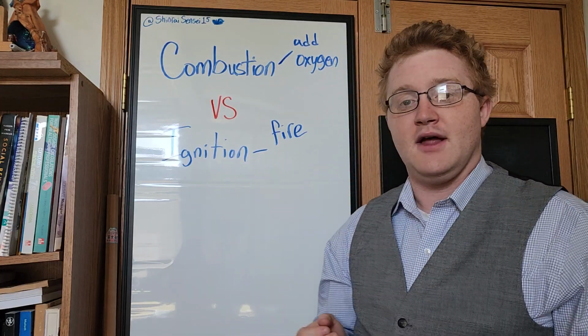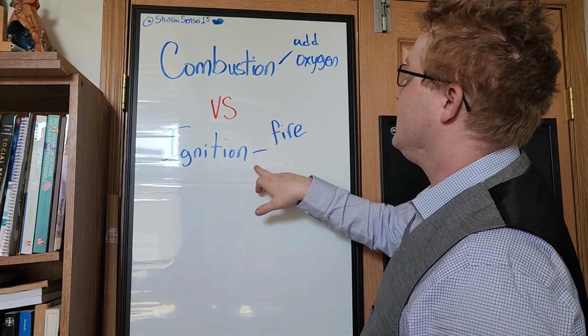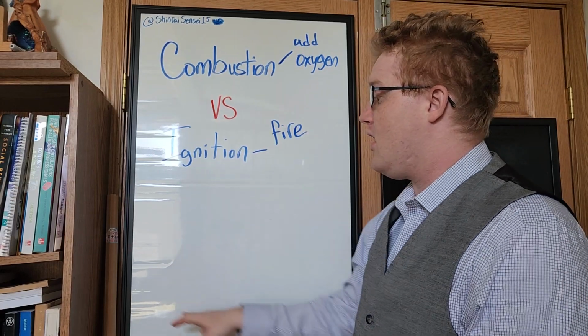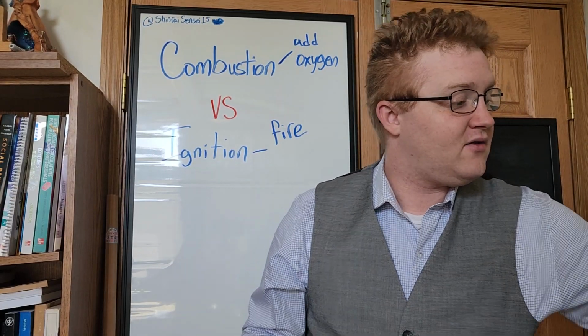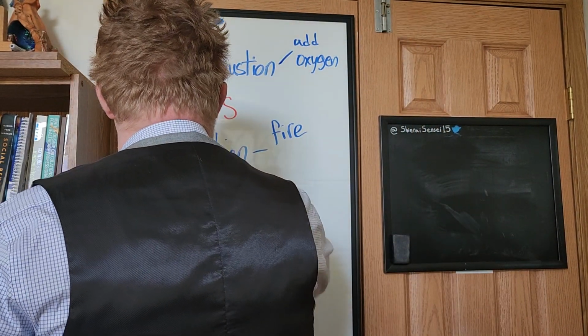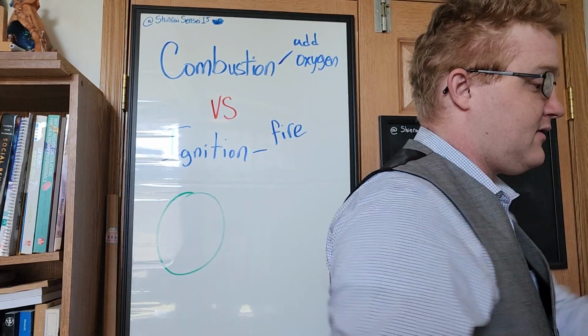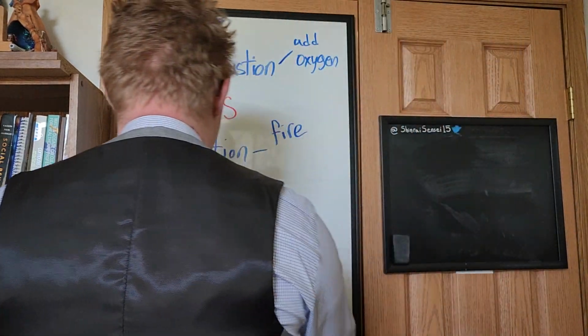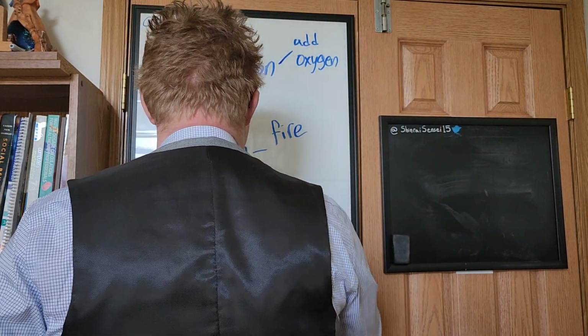And so, like I said, combustion and ignition have their own broad scopes. The green circle will be combustion, and the blue circle will be ignition.